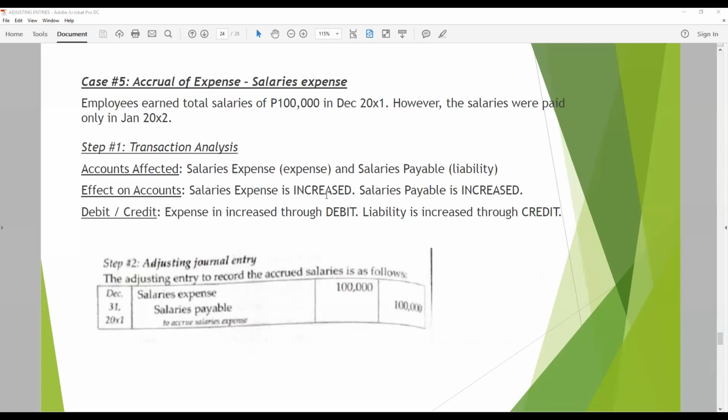Salaries expense is increased and salaries payable is increased. So, yeah. To journalize this accrual of salaries expense, you debit salaries expense 100,000, credit salaries payable 100,000 to accrue salaries expense. So, ganun lang yung accrual of unpaid expenses.